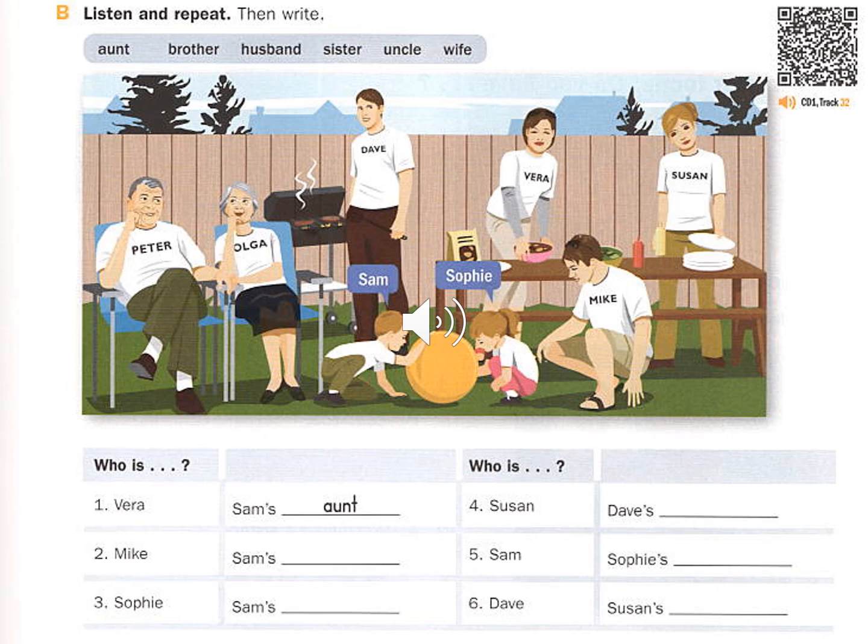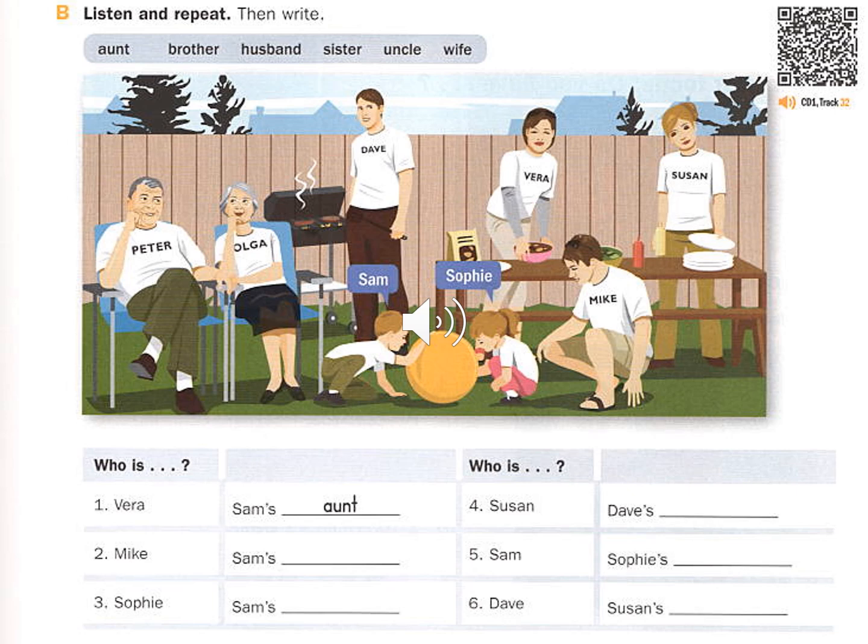1, Who is Vera? Sam's aunt. 2, Who is Mike? Sam's uncle. 3, Who is Sophie? Sam's sister. 4, Who is Susan?